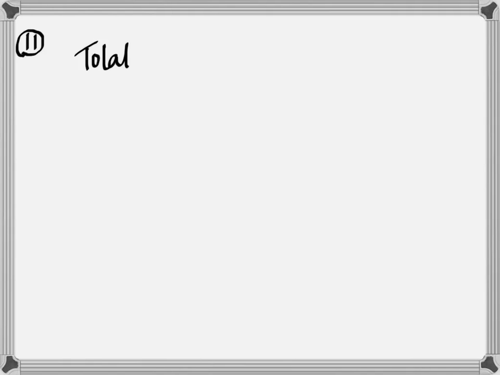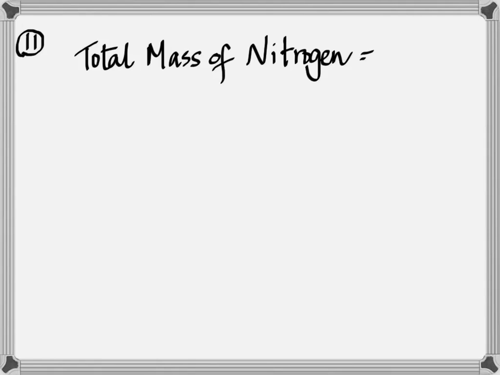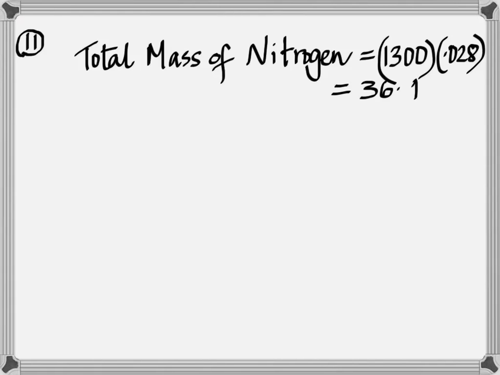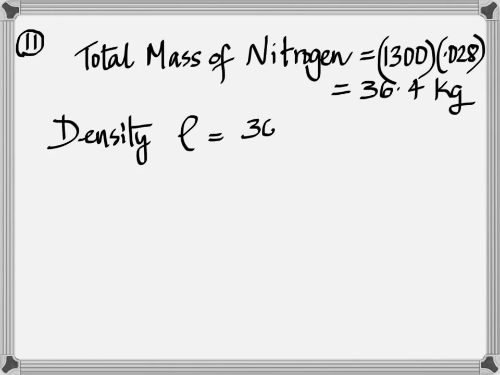11. 1300 moles is 36.4 kilogram. Density is mass by volume. So 36.4 divided by 8.5.